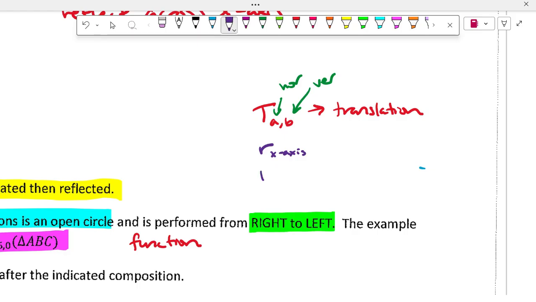Rotation. Big R. Now, sometimes they will tell you what point you're rotating around if they don't think it's the origin. But if they put a 0 before the degree, that just means rotate around the origin.